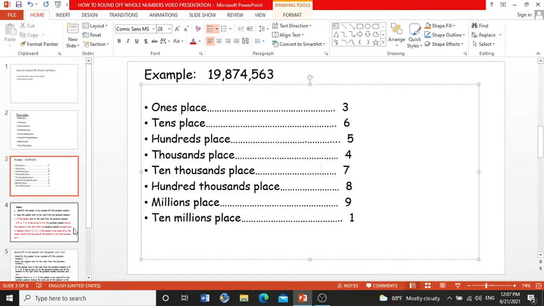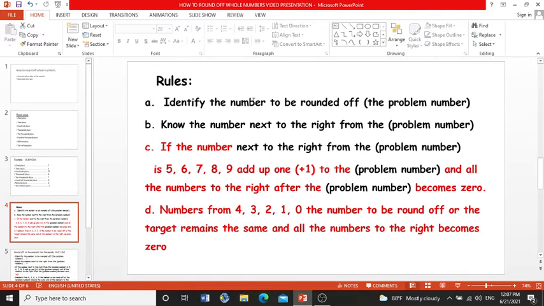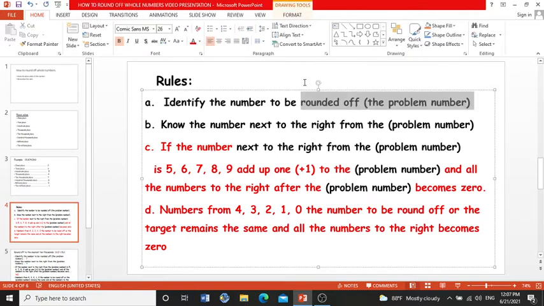So when you say again, identify, can you read that along with me? Ready? Go. Identify the number to be rounded off. And that is the problem number, when we have a quiz or we have something to work out.